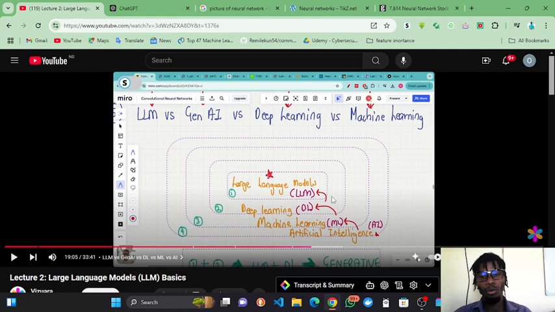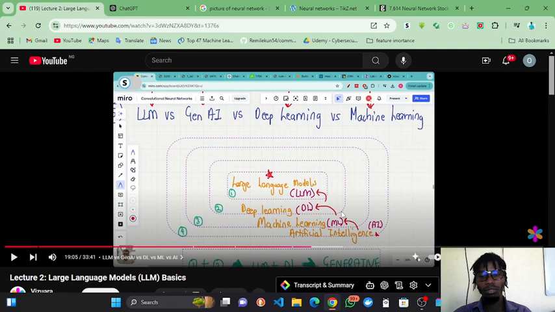So can you now see that a large language model can also be called a grandson of what? Machine learning. A large language model is a grandson of machine learning. So machine learning, this is the grandfather, AI, which gave birth to what? Machine learning. So machine learning is the father.